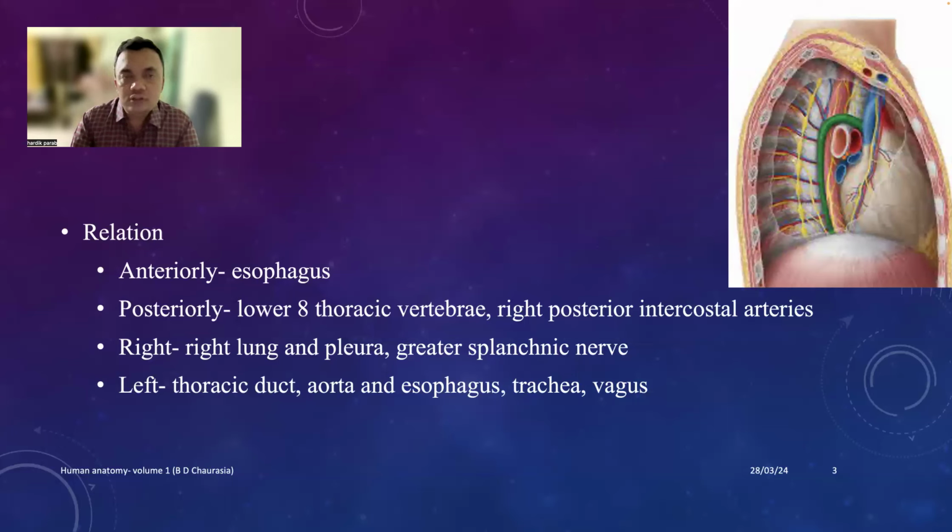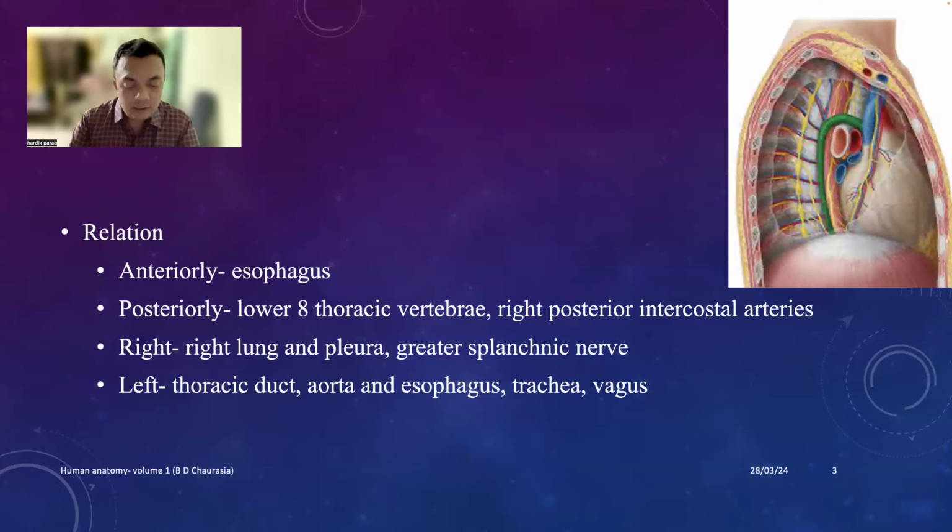If you see the relationships, anteriorly to the azygos vein you will have the esophagus. Posteriorly, it will have the lower 8 thoracic vertebrae. Here we can see this green color is the azygos vein, and behind it you will have the lower 8 thoracic vertebrae, that is from T5 to T12.